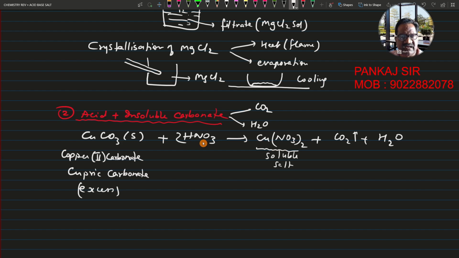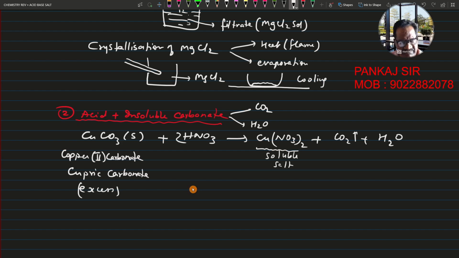The HNO3 will be used up completely because that is limited in quantity. It's a limited reactant, so it will get used up totally, but this copper carbonate will be in excess. So after the reaction is over, you will have to get rid of this excess of copper carbonate by filtration, because it is solid, it is not soluble.